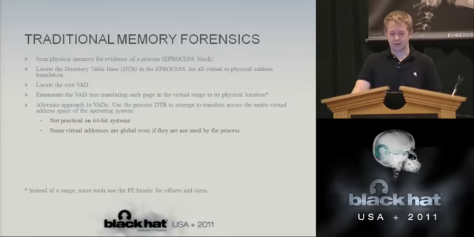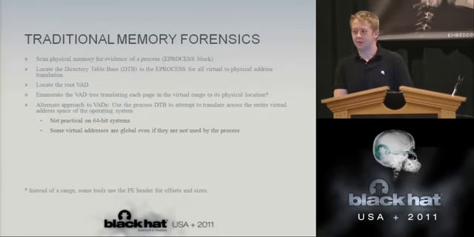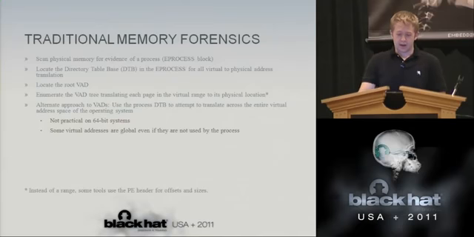In the EPROCESS block, they usually look for the VAD root, which is the beginning of the tree that describes all the process's address space in virtual memory. And they just enumerate the VAD tree to discover all the virtual addresses.